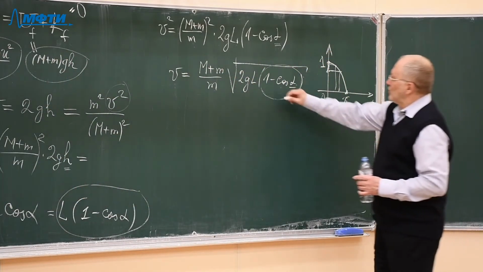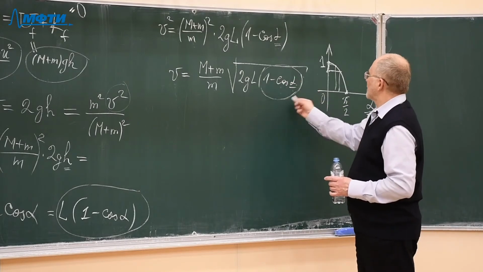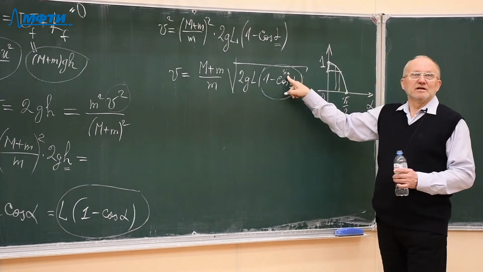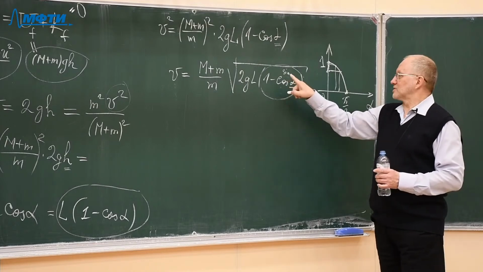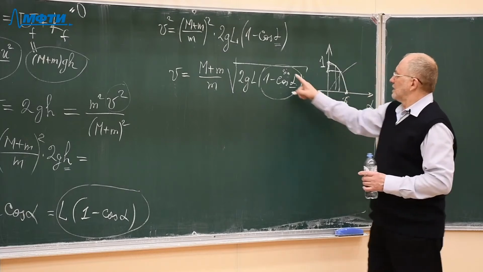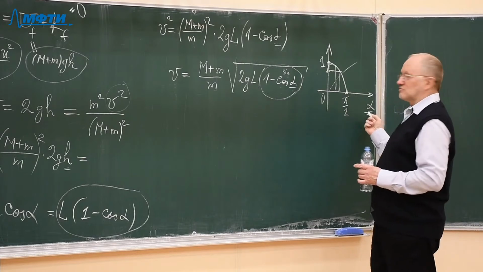If it were some different function, for example, sine instead of cosine, then it would be against the reason, against the logic, because the sine grows with the angle, and 1 minus sine will be smaller if angle grows.